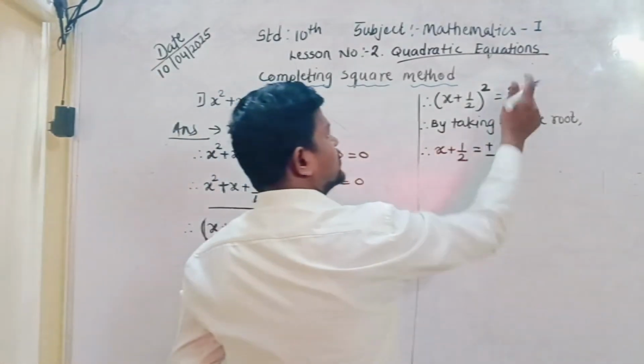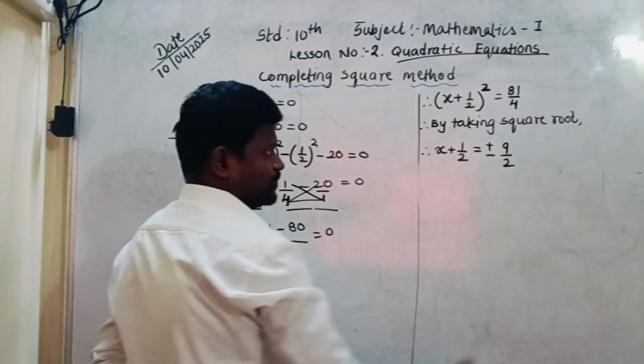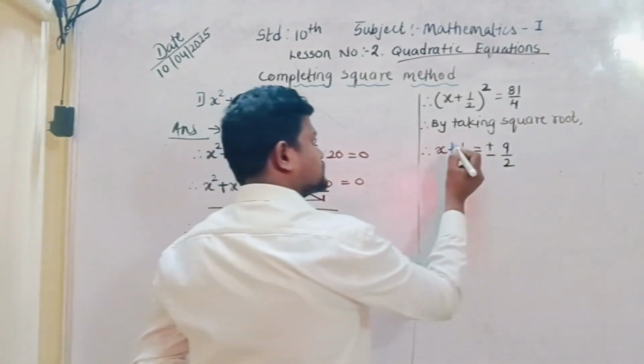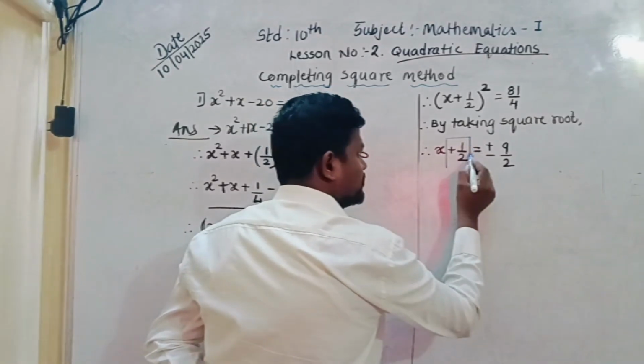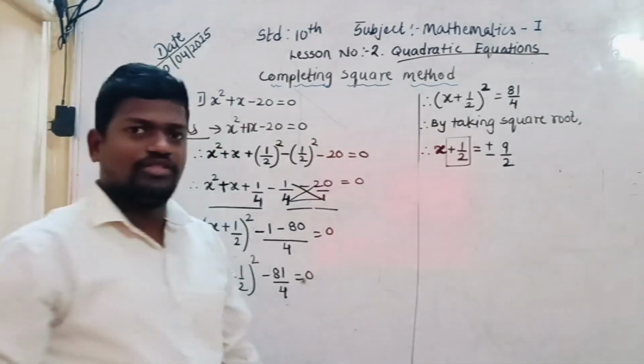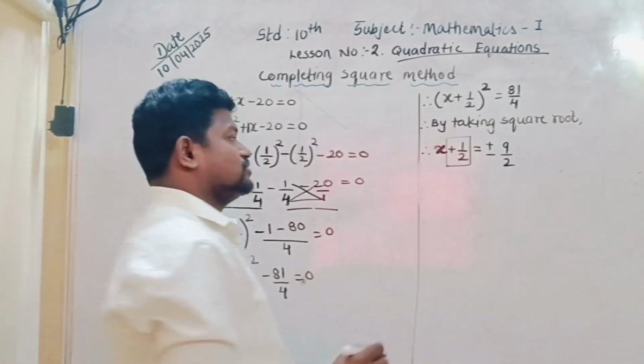Okay, so 81 is the square of 9 and 4 is the square of 2. Got it? Now see, we have to change this number. We have to find the x value. For this we have to move this number to the right side.